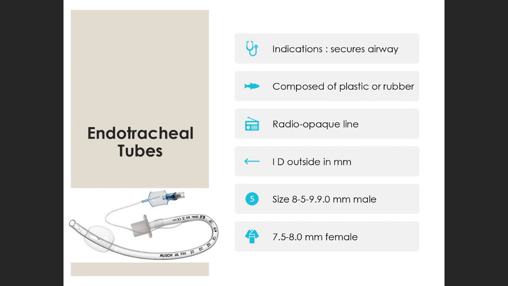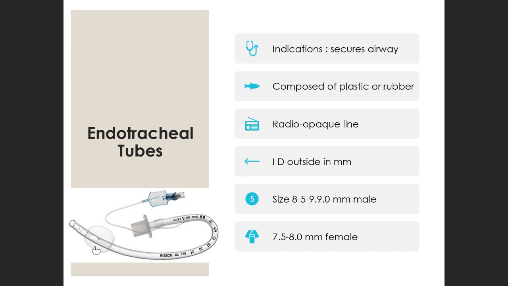And there are some features on it that you will note. There is a connector here. There is a radio-opaque line that only becomes visible on the outside of it right here, at this side. You can't see it on the upper part of the tube.